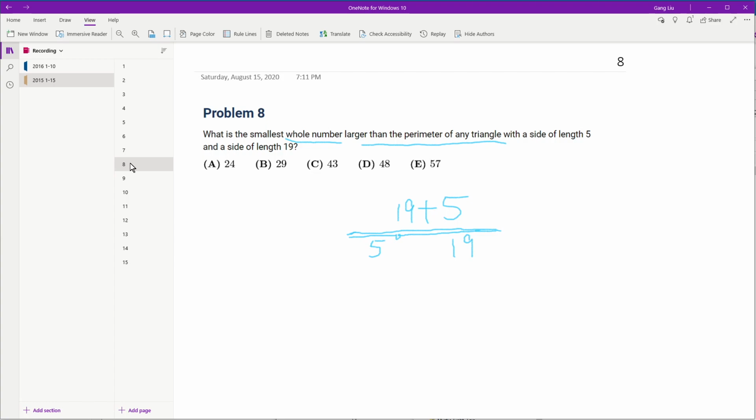So the perimeter of this triangle is going to be less than twice 5 plus 19, which equals 2 multiplied by 24 equals 48. So 48 is the smallest whole number larger than the perimeter. Answer is D.